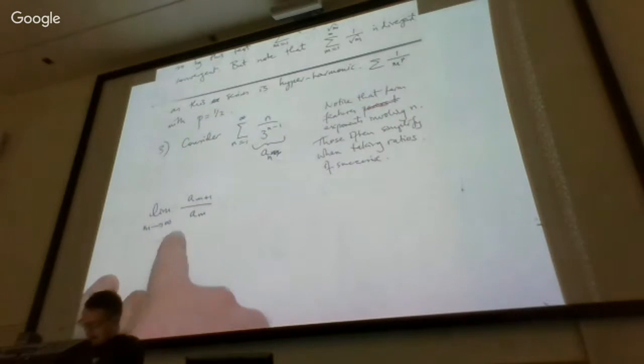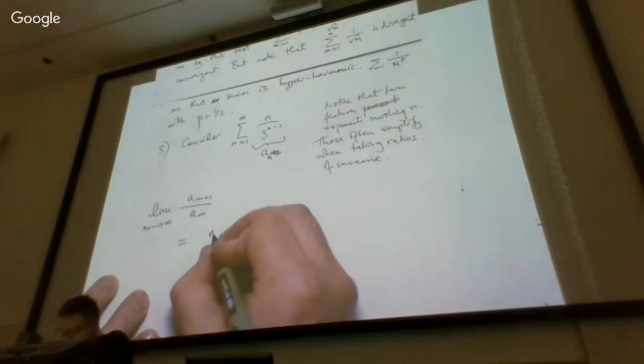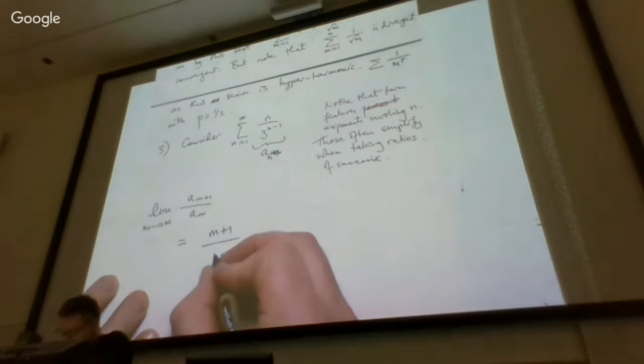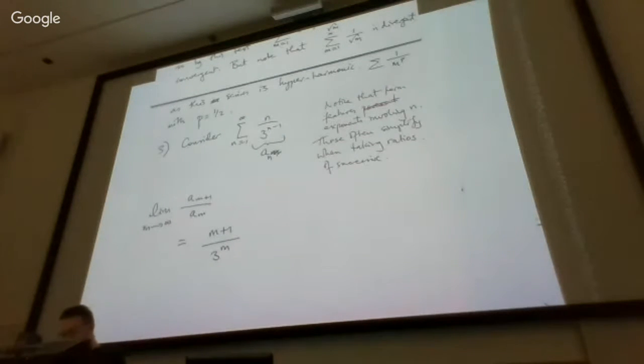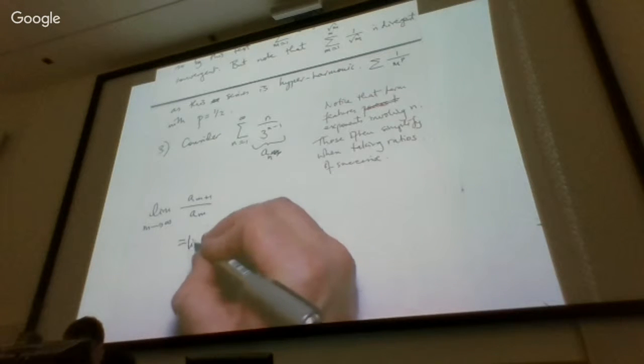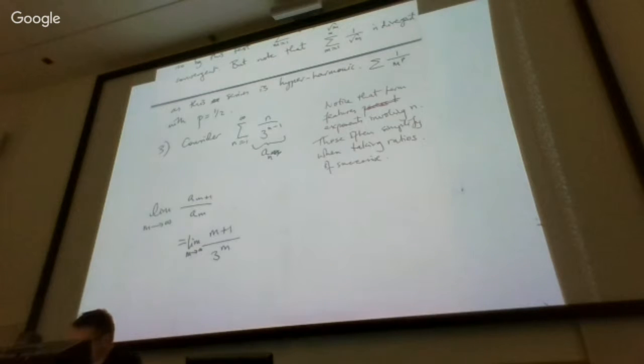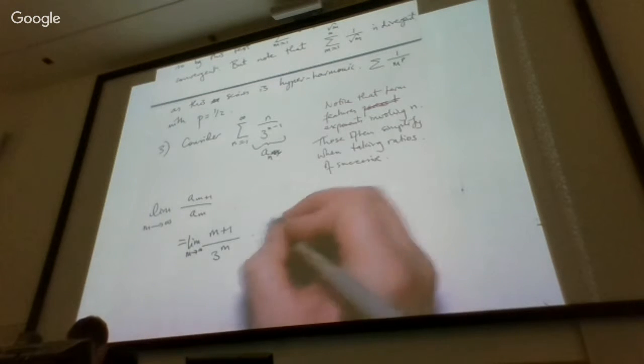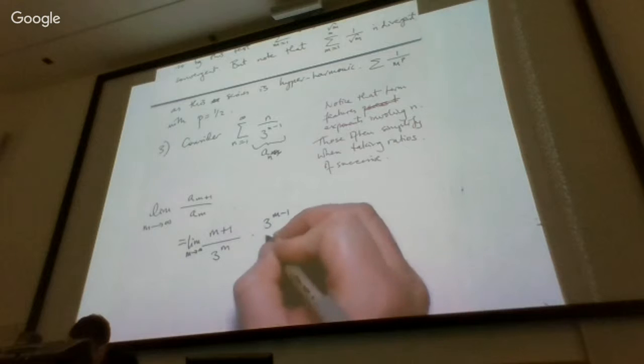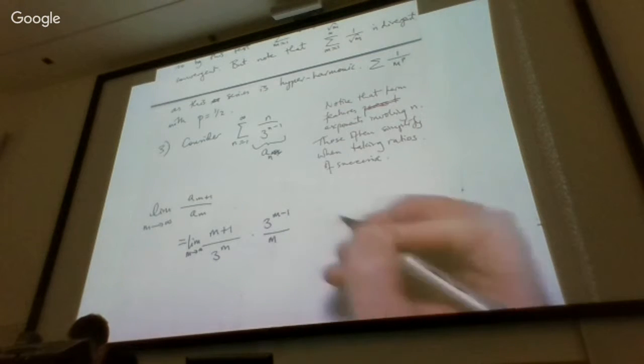So I'm using m as the index here, so this will be (m+1) over 3 to the power m plus 1, that's the a_{n+1}. Let's take the limit of it as well. And I'm dividing it by a_n, so dividing by a_n is the same as multiplying by the reciprocal of a_n.